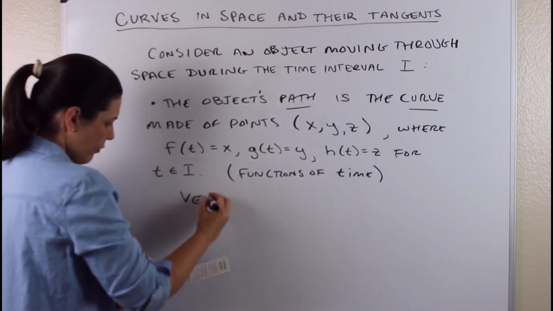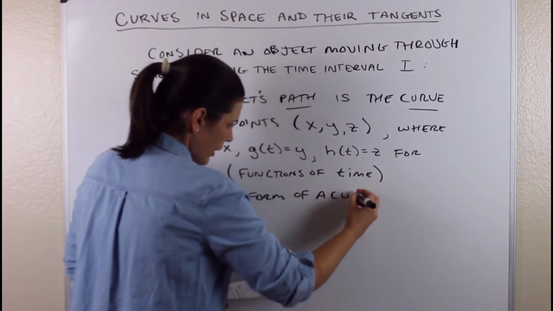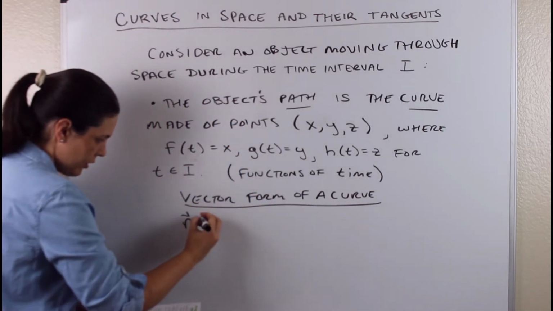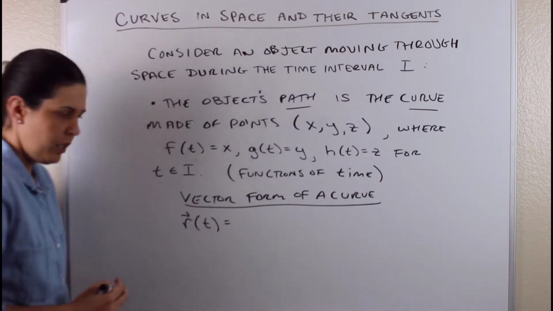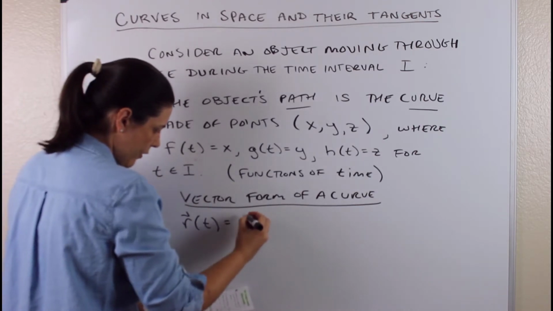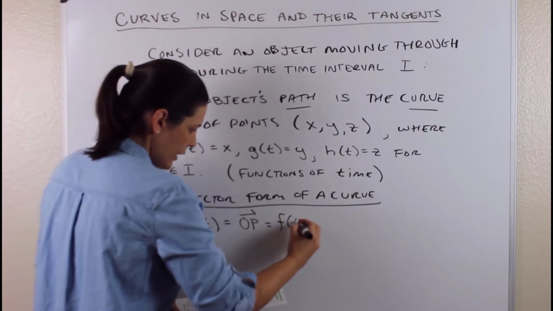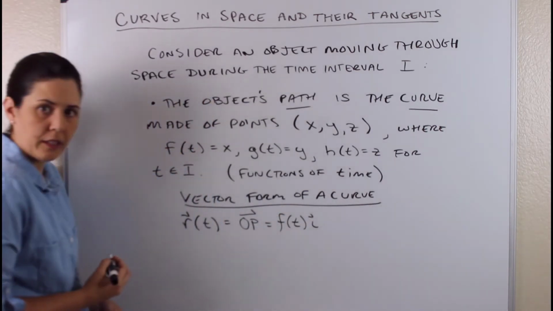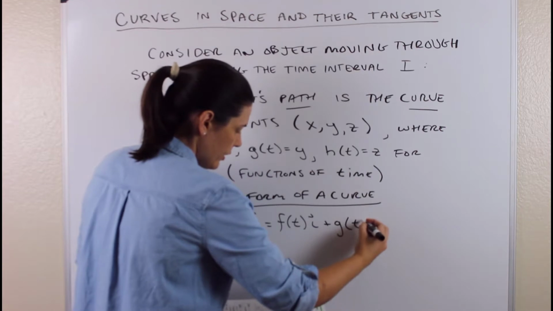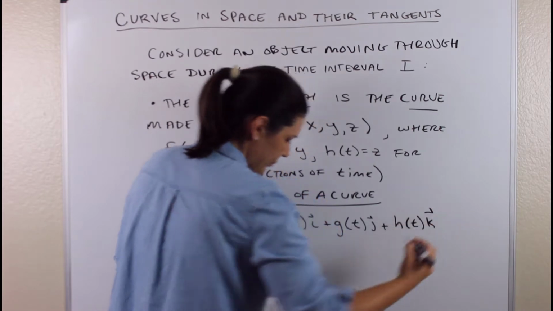So a vector form of a curve is what we're going to define now. So vector form of a curve is the following. We're going to say r of t, that's our function, that's a vector function, where t is the input. It's actually just a vector, we're going to say from O to P. So vector OP, which breaks down as f of t i, so in the x direction, or the i component of your vector, plus g of t j, plus h of t k.